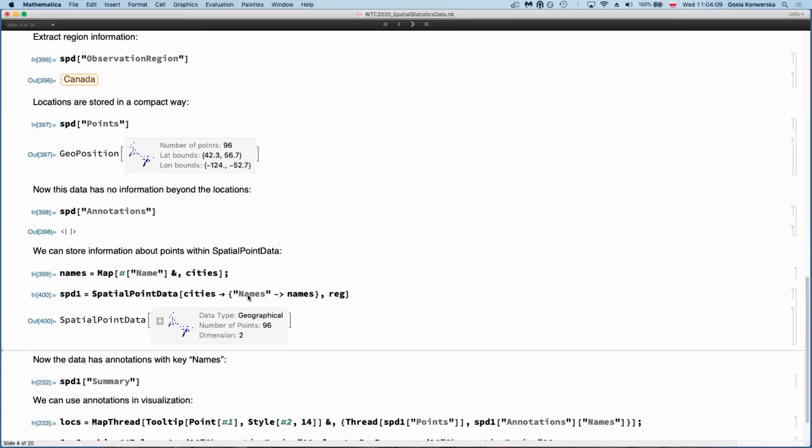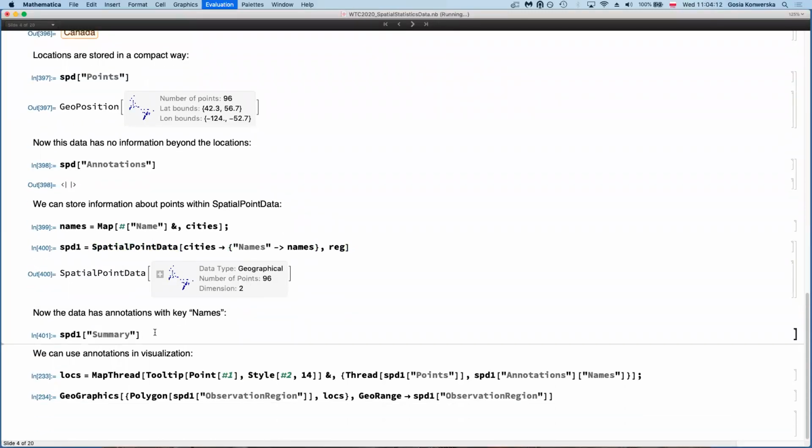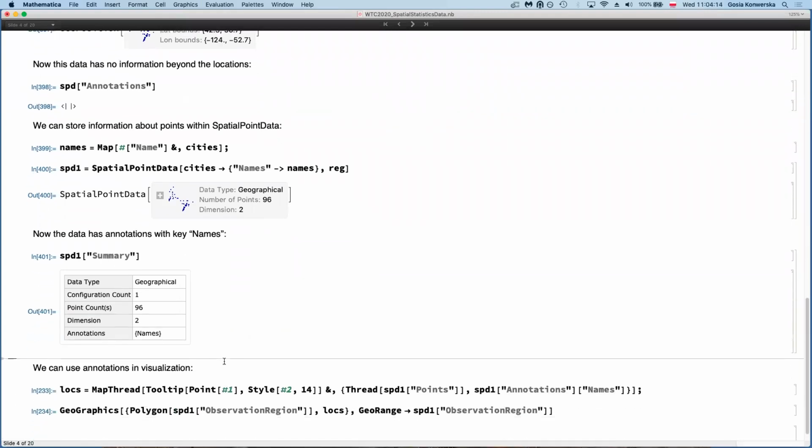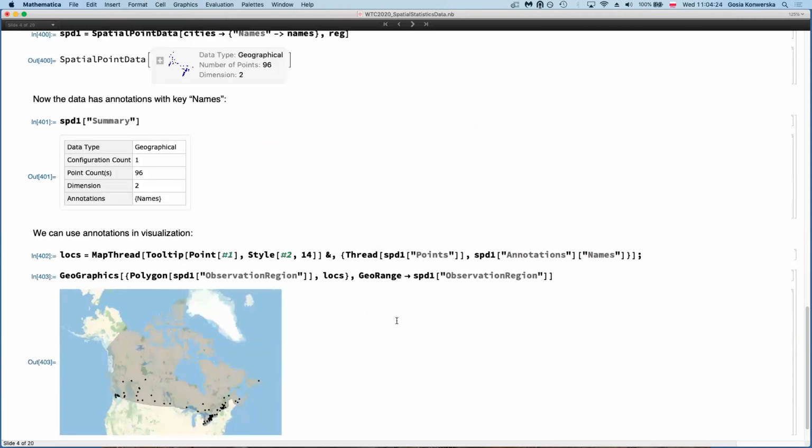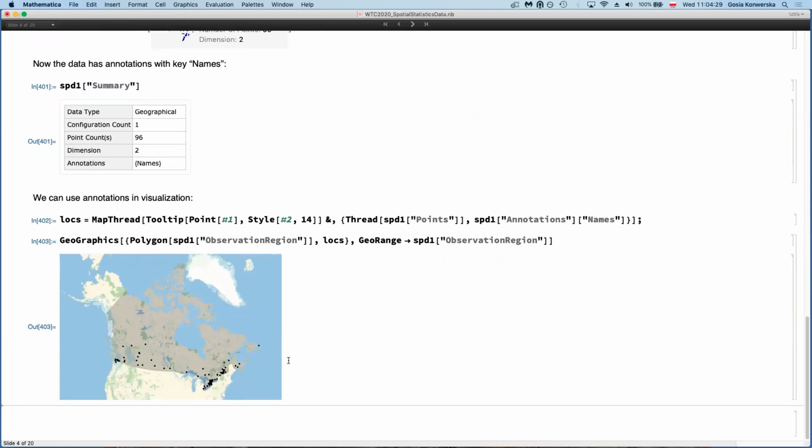And we give the same region. So now when we look at the summary, it will have the line here about the annotations, and it will give us the keys for the annotations. And then we can use these annotations in a visualization, for example, create a tooltip, and then plot everything using Graphics, where we can show the whole region, the locations, and when you move around, you can see the names of all the locations.